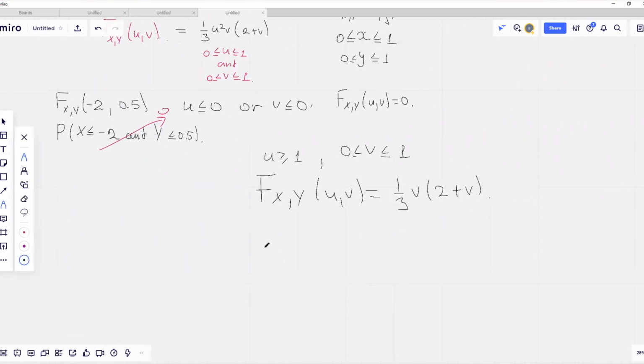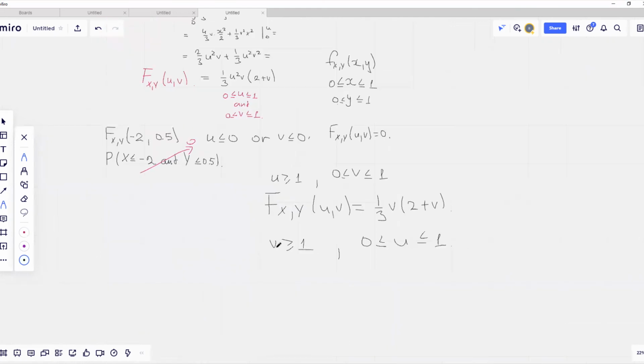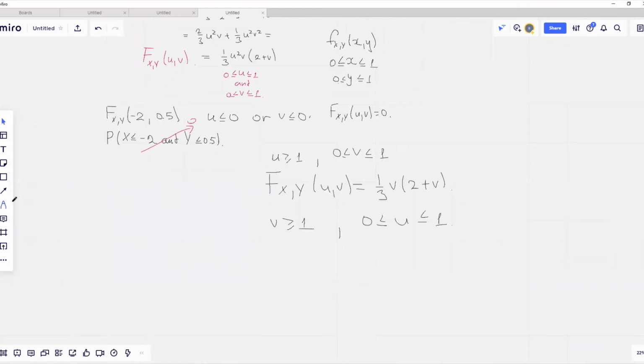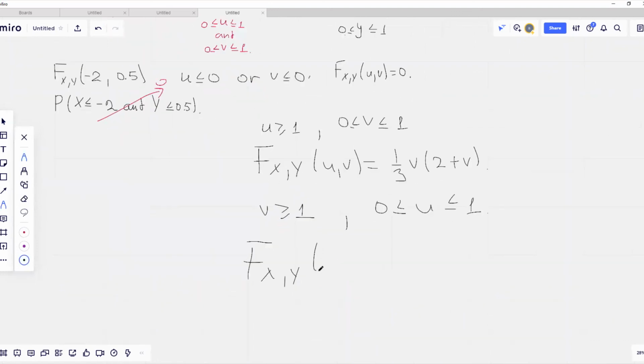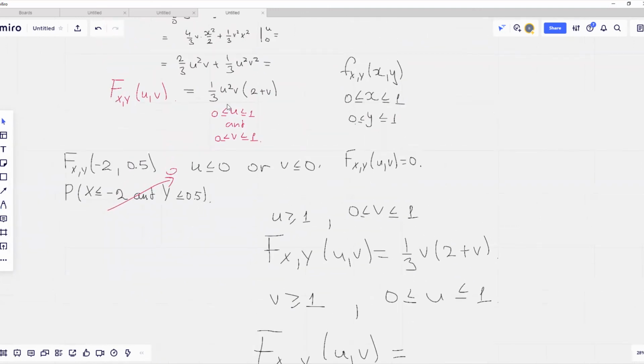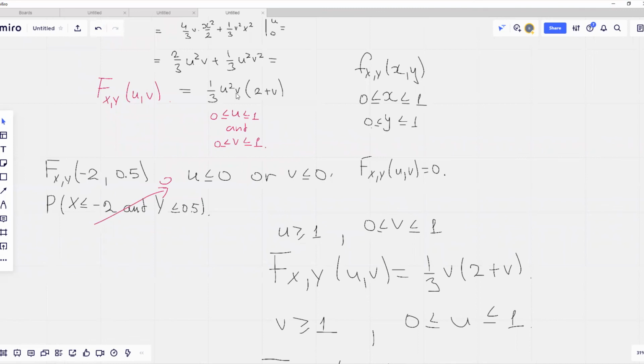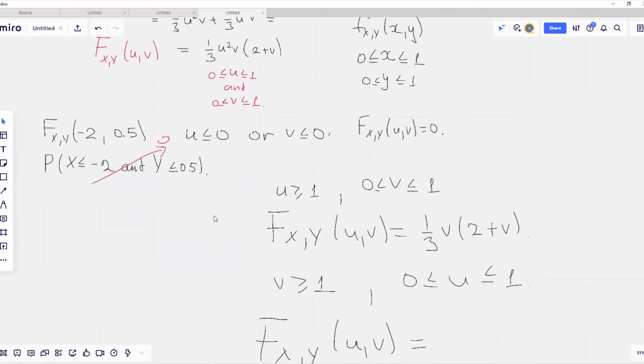In a case when v is greater or equal than 1 and u is in interval from 0 to 1, then CDF will be defined as, here we have to substitute v equal to 1 into our formula here.